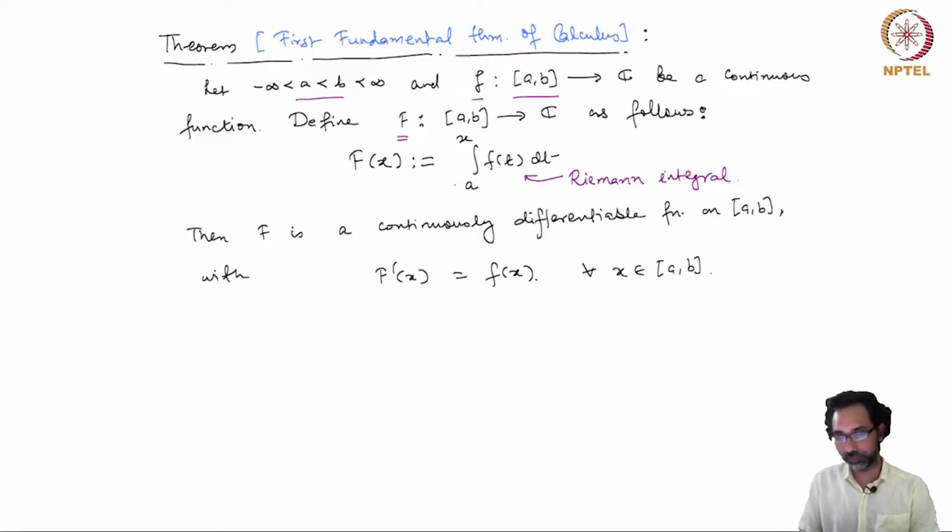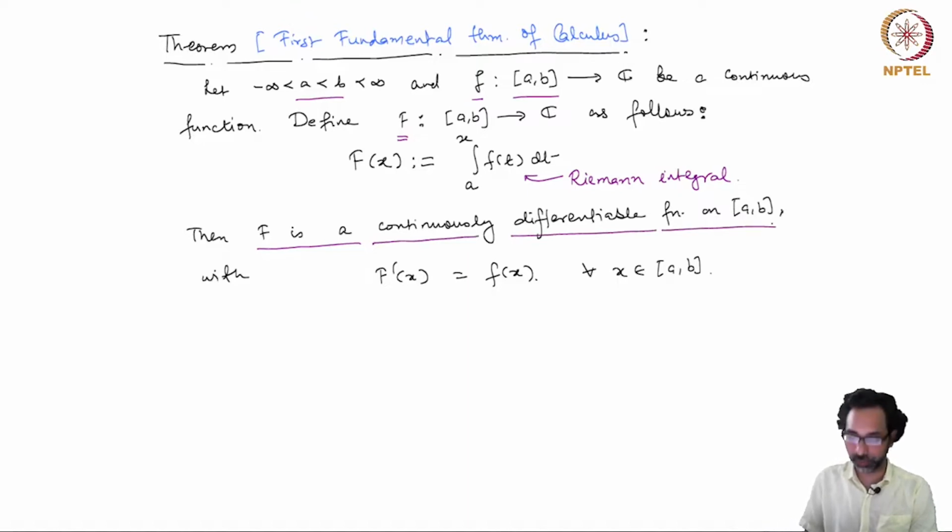And so for any x in [a, b], you can define this function, which is the Riemann integral function for small f. And now the statement for the first fundamental theorem says that if you differentiate capital F, then you should get back the original function small f. So in fact, capital F is a continuously differentiable function on the entire interval [a, b]. So it's everywhere differentiable, so it has two parts.